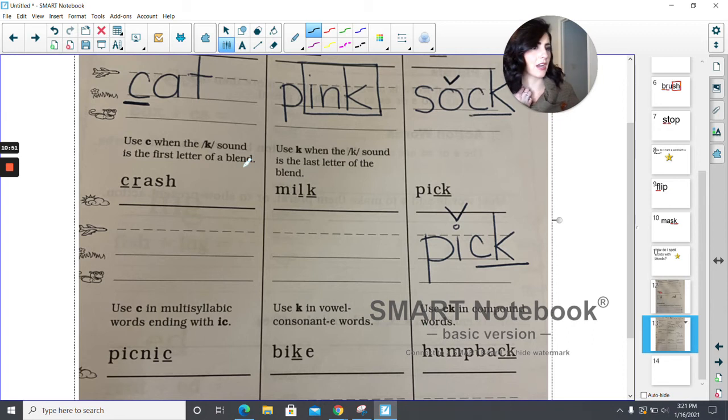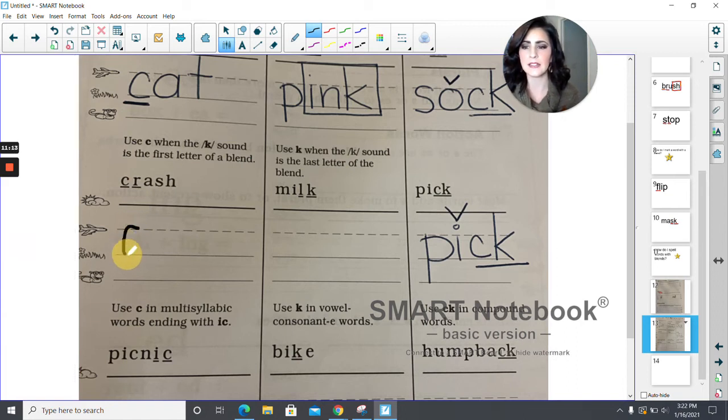So if you hear a word like crash or crawl or crumb, that's an R blend with a K sound, but K does not blend with any other letters. You always spell it with a C. So if you hear a K sound and it's the first letter of a blend, like in crash, sorry about that, then you are going to use a C, not a K. So crash.